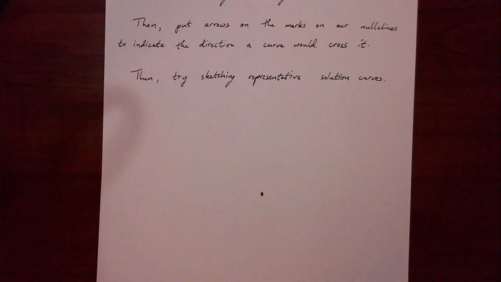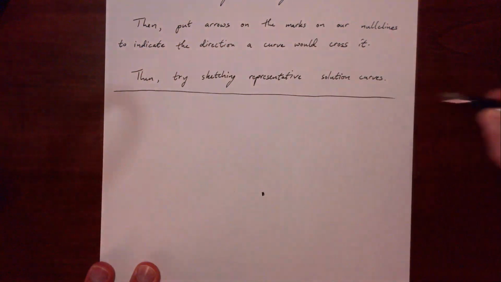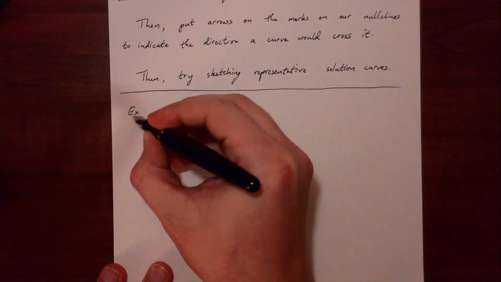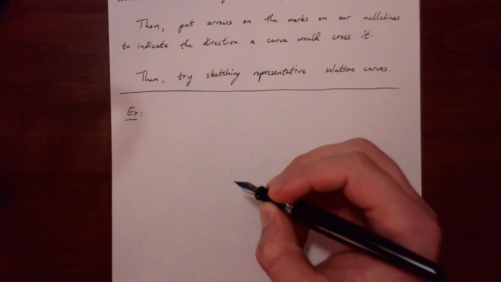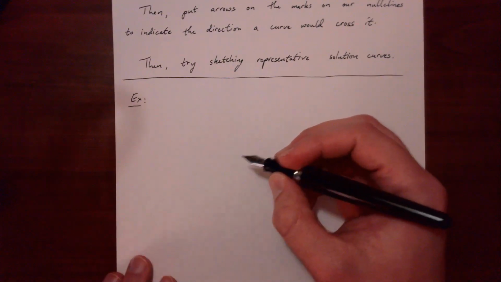All right, so let's try to work out another example of a similar nature. This one is going to be from ecology, and it's going to be a competing species model.